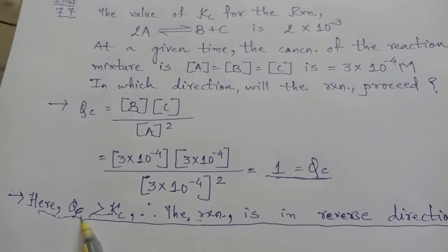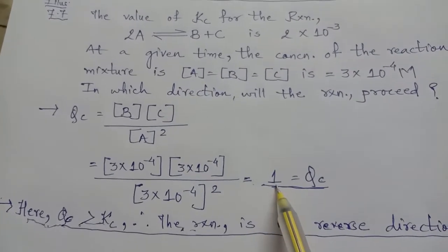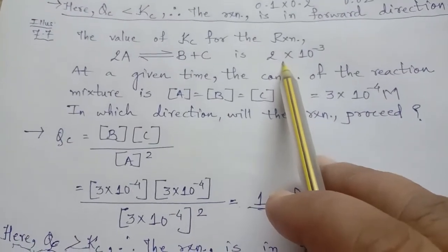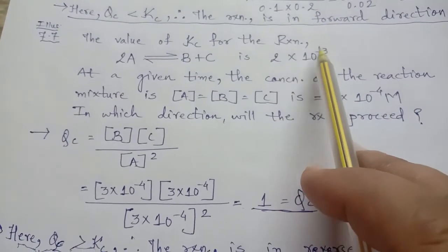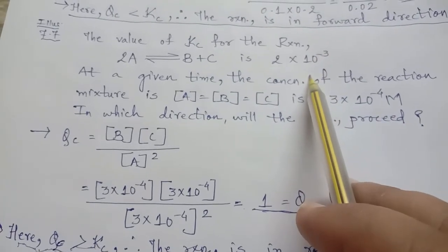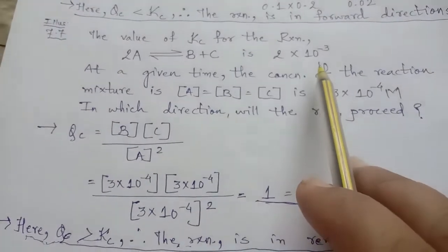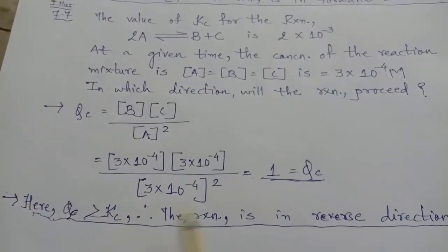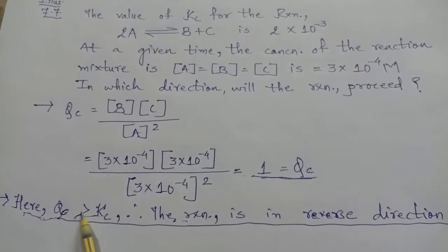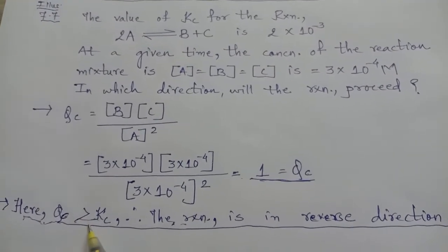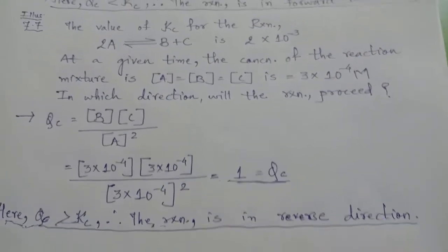Here you see Qc is greater than Kc. Here it is 1 and here it is 2 into 10 raised to minus 3. It means 10 raised to minus 3 is 1 upon 1000, so it will be 2 upon 1000th part. So definitely it is less than 1. So Qc is greater than Kc. Therefore the reaction is in the reverse direction.